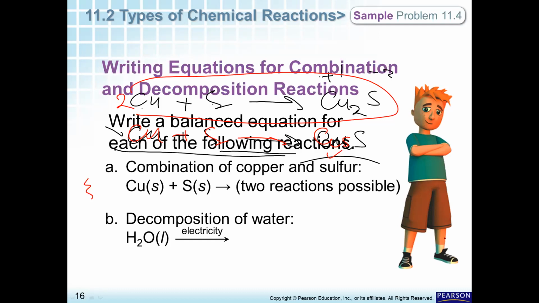Type: decomposition reaction. Remember, decomposition starts with one single compound that will decompose into simpler ones. Water, if we remember, we just said in the previous slide that a decomposition reaction always requires energy, in the form of heat or light or electricity.